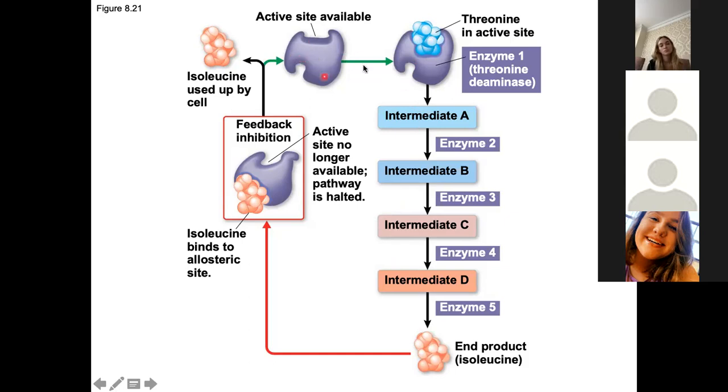The enzyme can't work, it just stays silent until the substrate appears. As soon as the substrate appears, it is able to bind at the allosteric site, switch the enzyme on, and push itself through the pathway. So that is feed forward. Feed forward is switched on by the substrate. Feedback is switched off by the product. That's the simplest possible explanation.